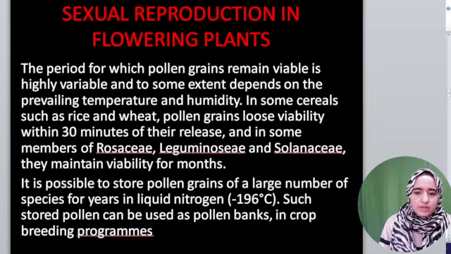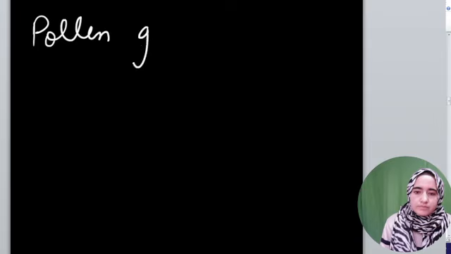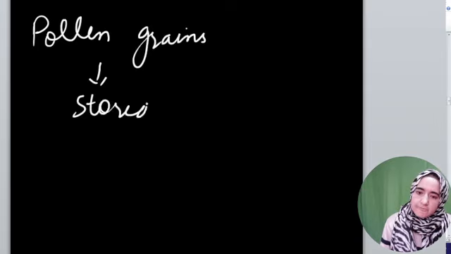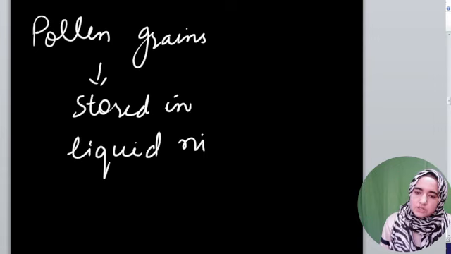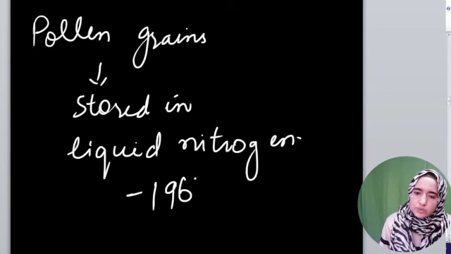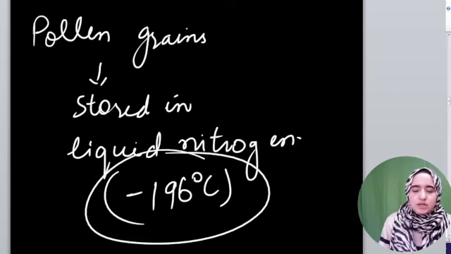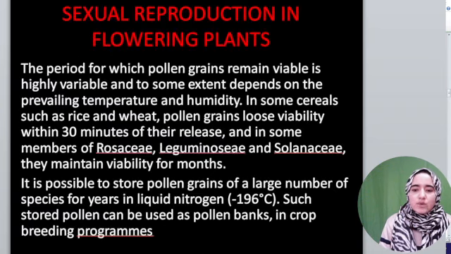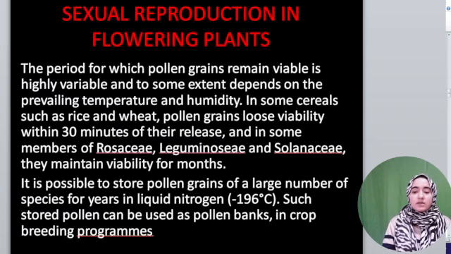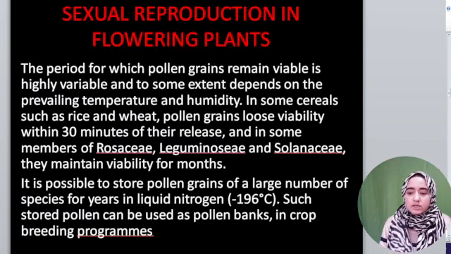Pollen grains can be stored in liquid nitrogen, okay? And the temperature should be minus 196 degrees Celsius. That's how we can preserve pollen grains for a longer time.